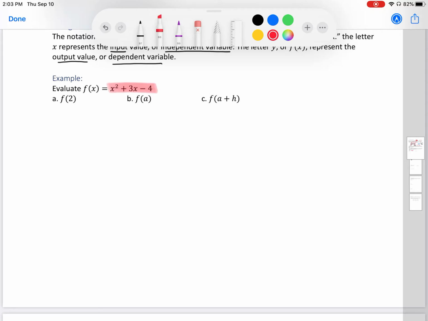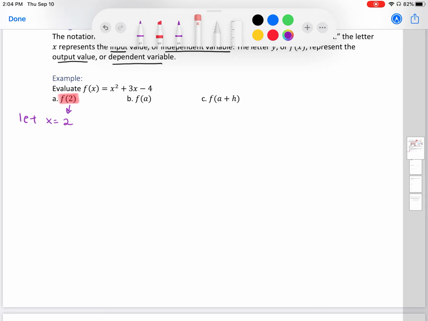Function notation is cool because it saves us time. So we can read this as, let x equal 2. We're saving ourselves all that effort and time of writing that sentence of saying, if x squared plus 3x minus 4, let x equal 2. That is what this f of 2 is saying.